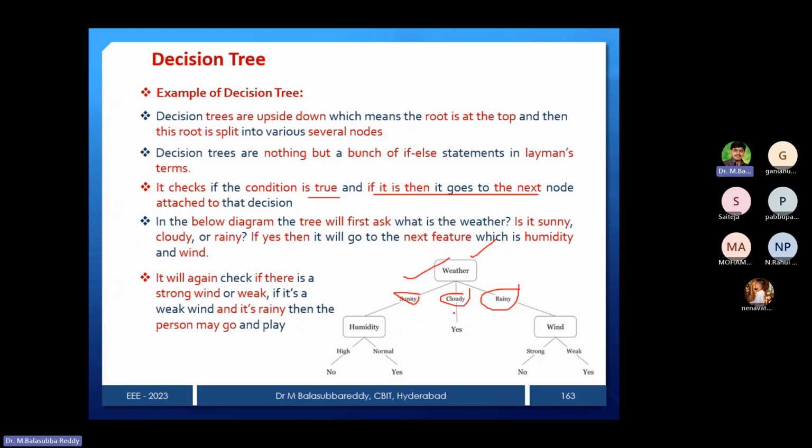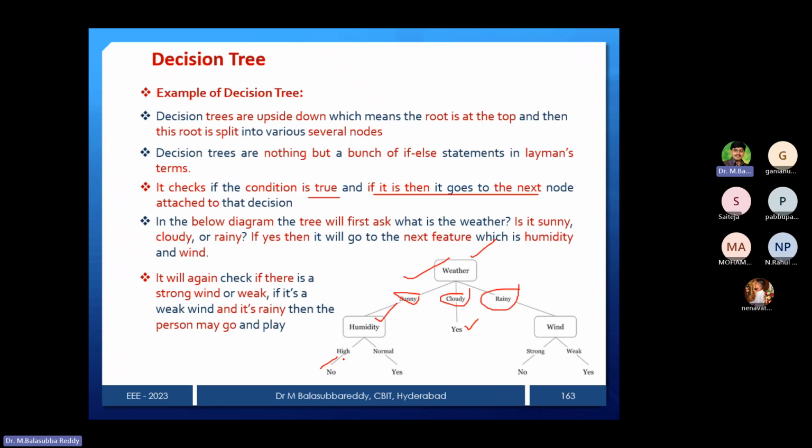Like that, if it is cloudy, yes. If sunny, again you want to check whether humidity is there or not. If humidity is high, then we will not go for play.